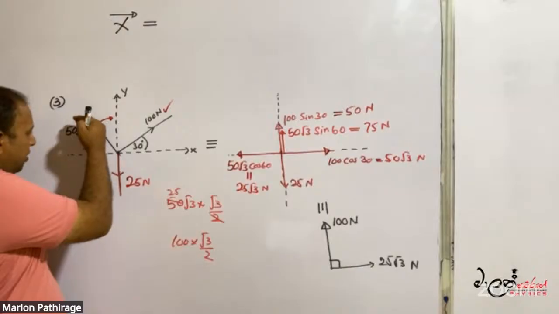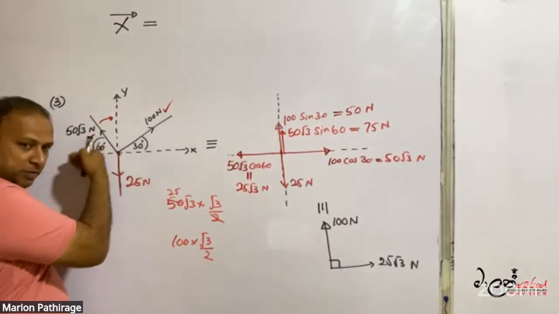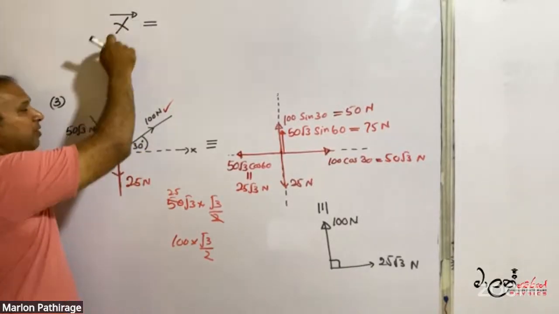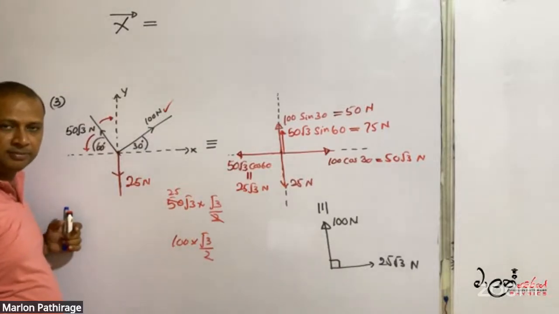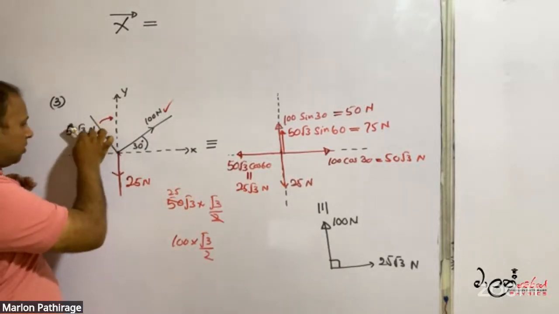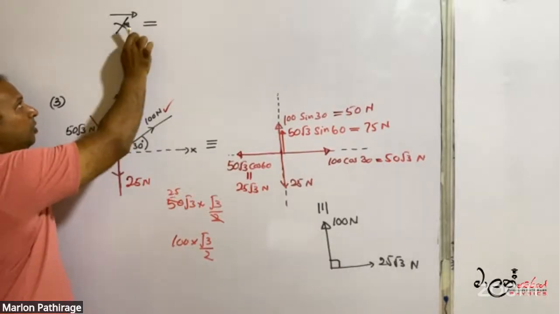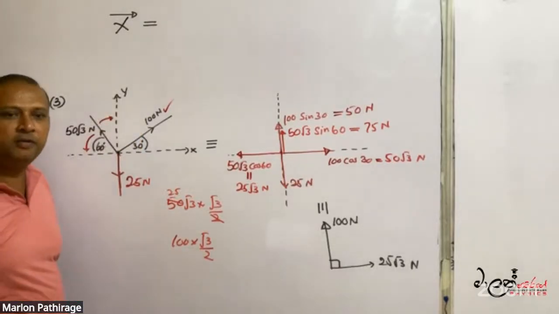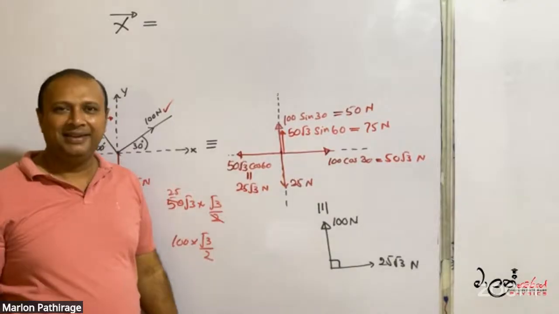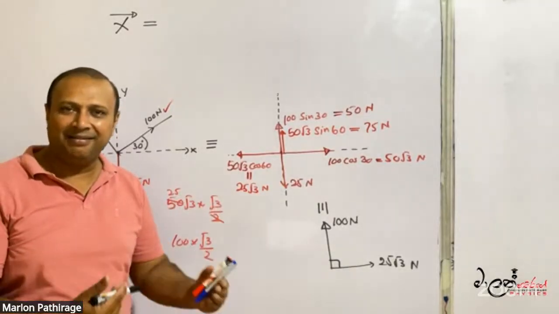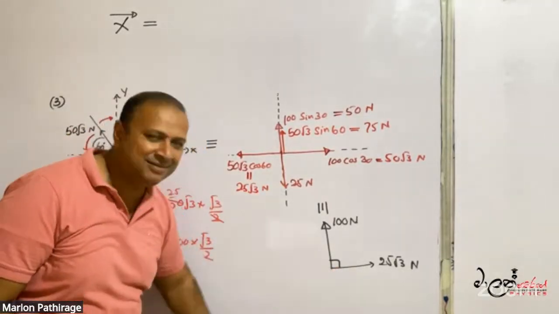If the resolved component is opposite to the considered direction, it will be negative. Then you can take the resultant vector in the x direction very easily.